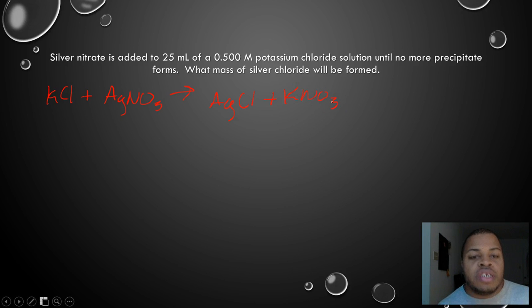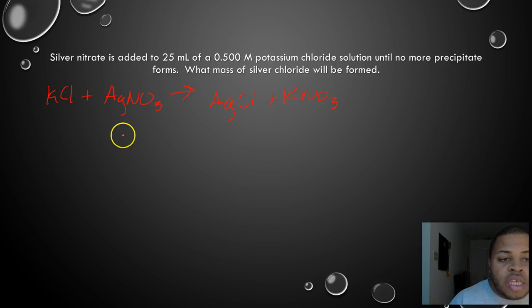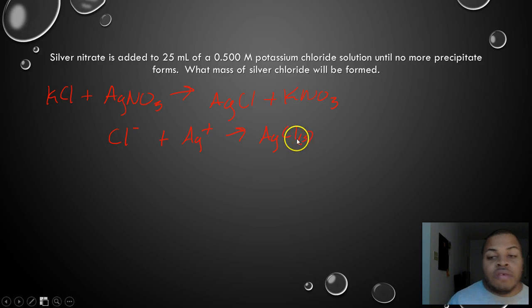Now, looking at the relationship we have here between each of these, it's a one-to-one relationship. So, in the end, I'm going to end up worried about my chloride ions. One chloride ion plus silver ion is going to yield me silver chloride, which of course is going to be in solid form according to using my solubility rules.